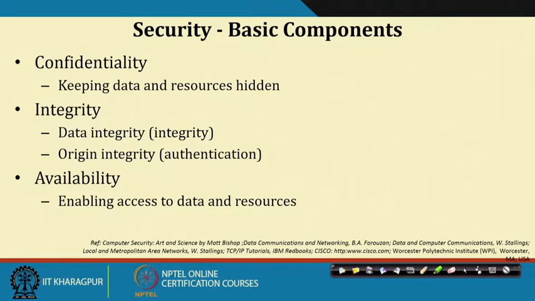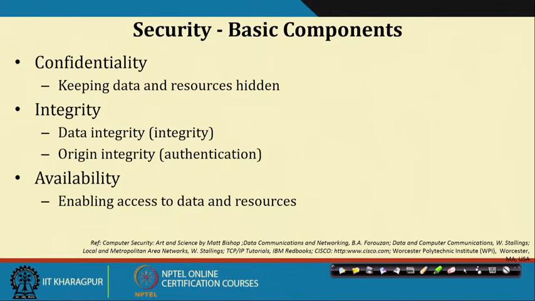So, when we look at security per se, primarily we want to look at 3 aspects: confidentiality, integrity and availability, right. If these are breached, we say that the security is breached.